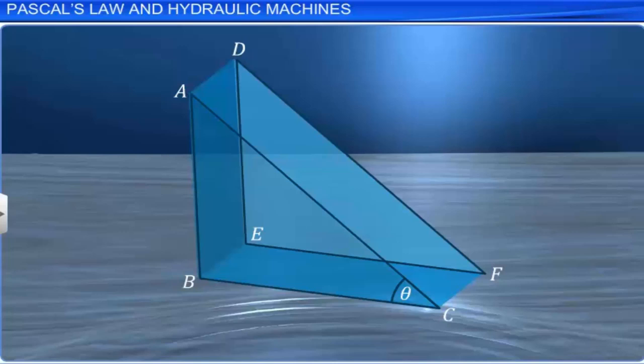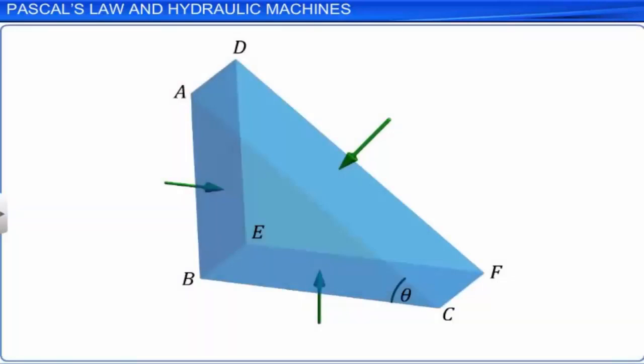We know that the force exerted by the rest of the fluid on the element is normal to the surface. Let Fa, Fb and Fc be the normal forces acting on the 3 rectangular surfaces of the prismatic element.